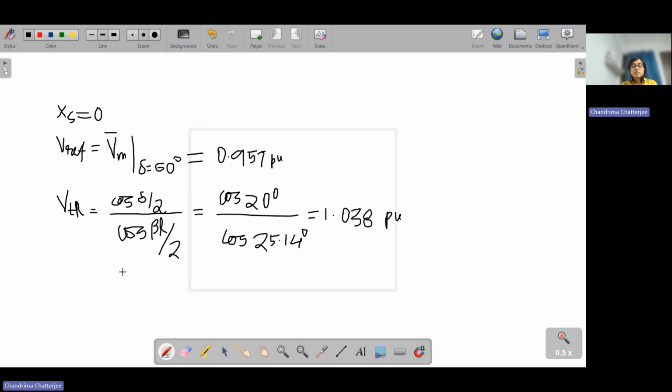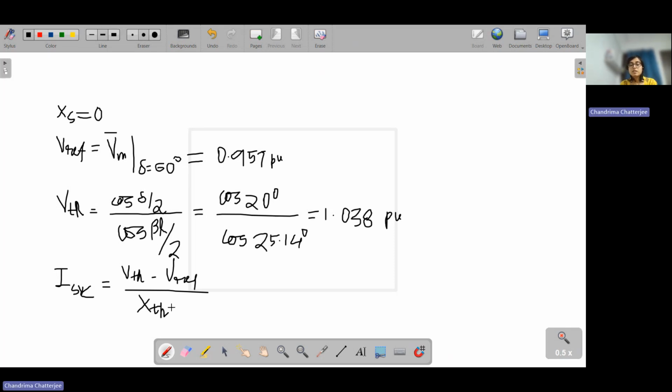Now it is simple. You need to find out what is ISVC. So ISVC you can find out from that expression: ISVC is equal to VTH minus Vref by XTH.